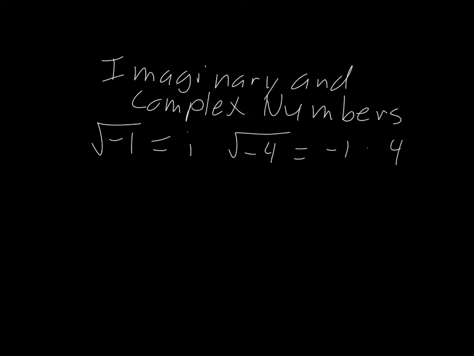And hopefully what we remember is that we can split these square roots into the square root of -1 times the square root of 4. Well, the square root of -1, as we just said, was i, and the square root of 4 is 2. So this will equal 2i.